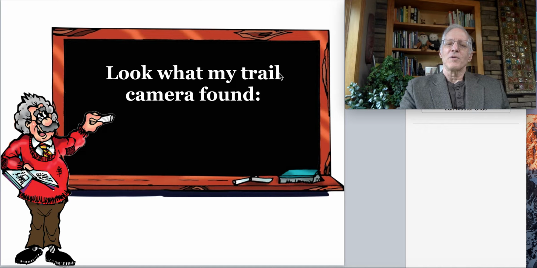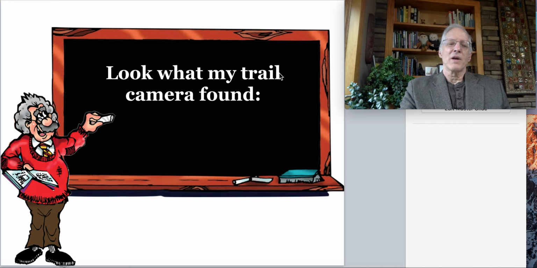And for those who don't know what a trail camera is, it's a camera that's activated by motion. So I get all kinds of animals that I pick up on my trail camera. So take a look at what I found. If you look carefully, look at this. I was shocked when I saw this, when I looked on my trail camera SD card. So it looks like a tiger.